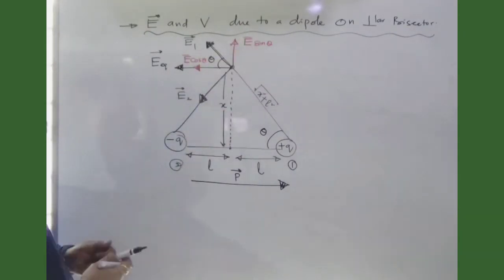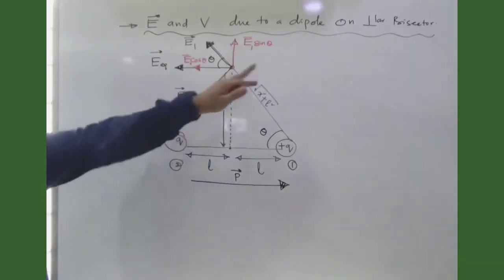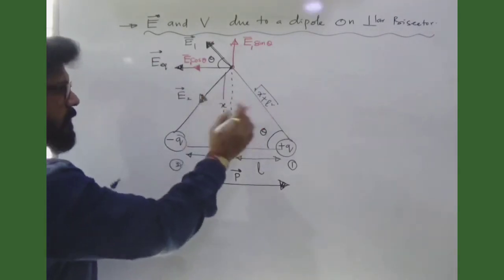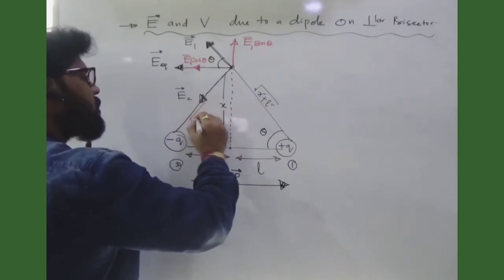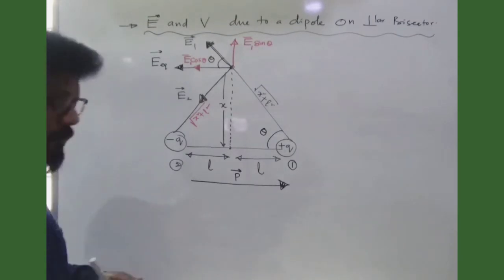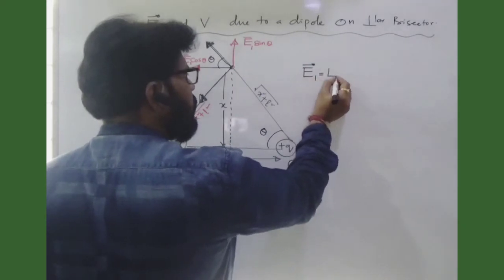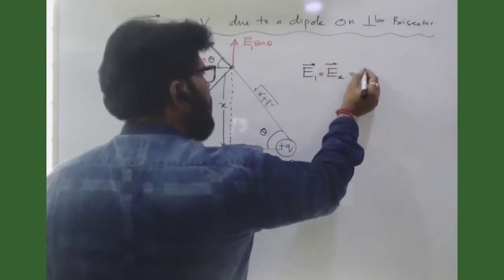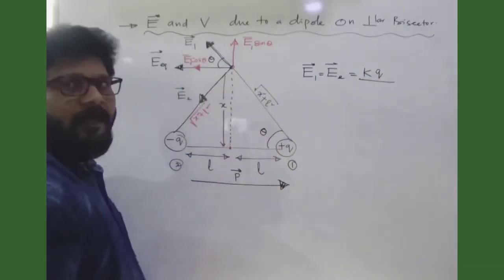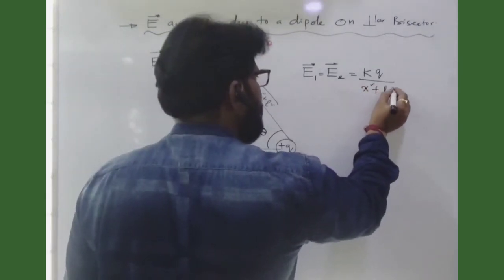But E1 and E2 are both the same because they are at the same distance, under root of x square plus L square. Let me write E1 and E2: E1 equals E2 equals KQ divided by the distance, under root of x square plus L square, whole square, which gives x square plus L square.